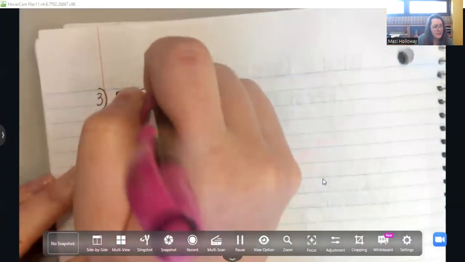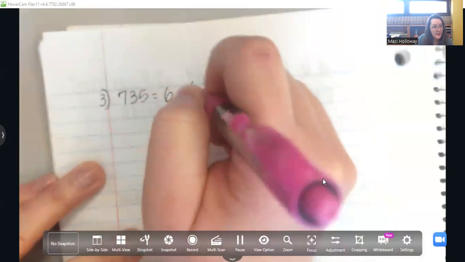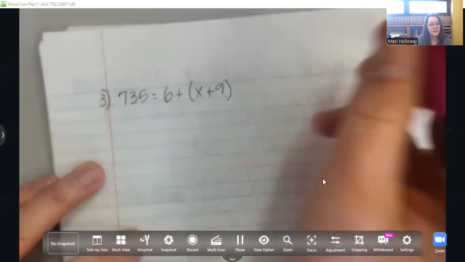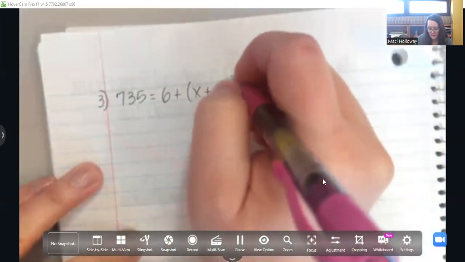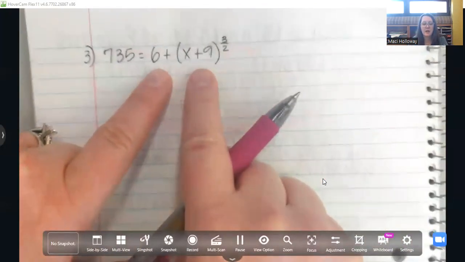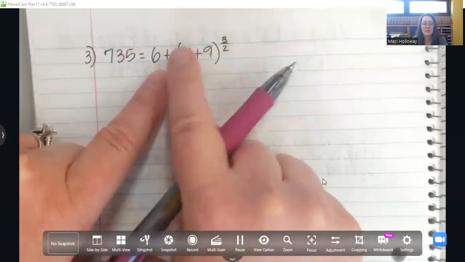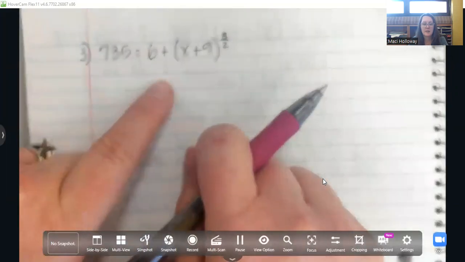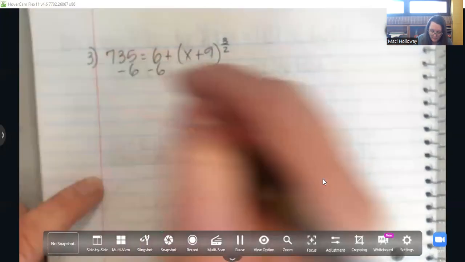This is number 3: 735 equals 6 plus x plus 9 raised to the 3/2 power. In this question, our rational exponent expression is not isolated, so we need to move the 6 first before we do the other part.